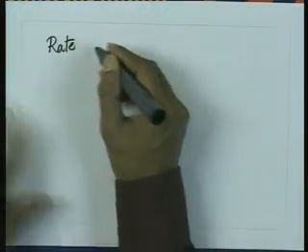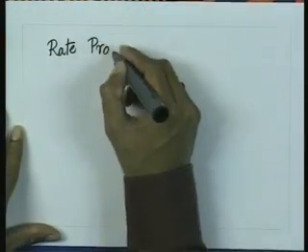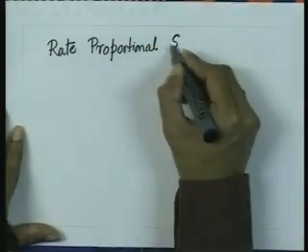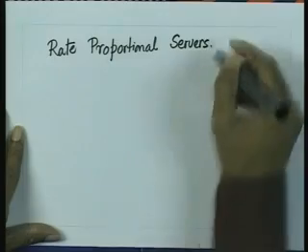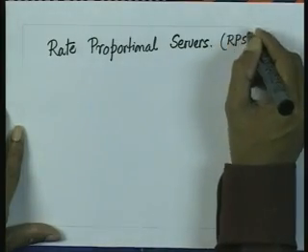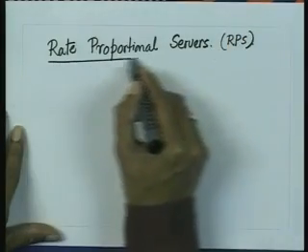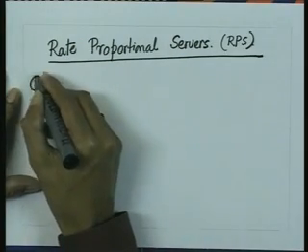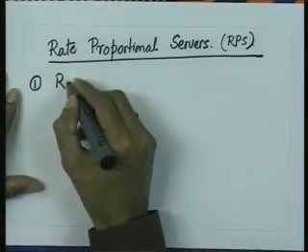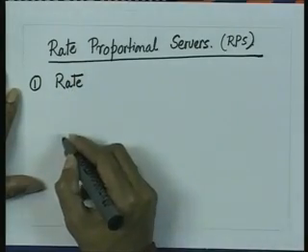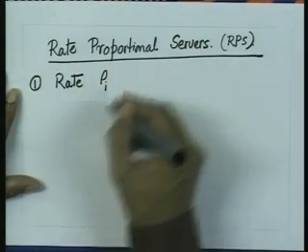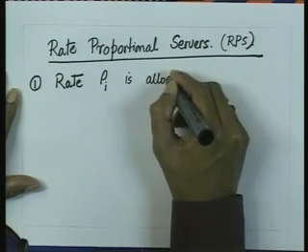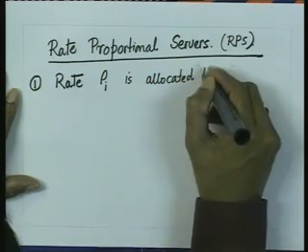So we define something called rate proportional servers, or RPS. Now in this, rate rho i is allocated, let us say, to session i.